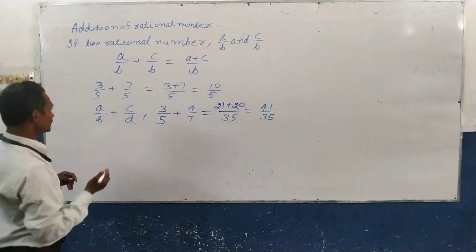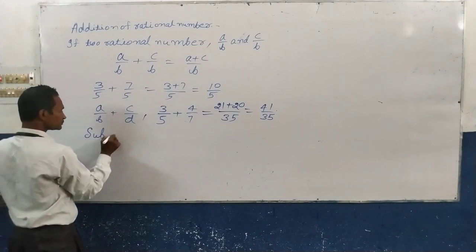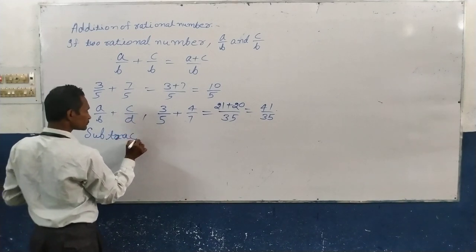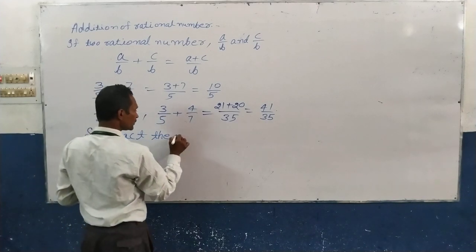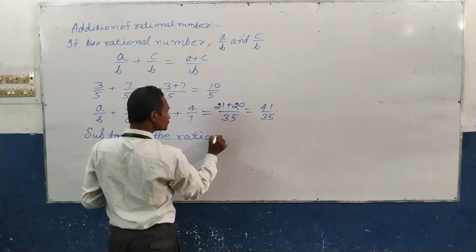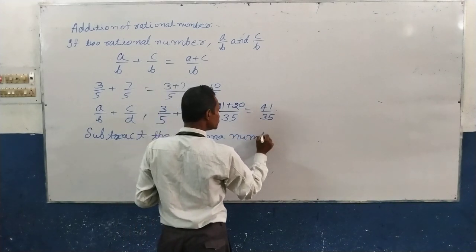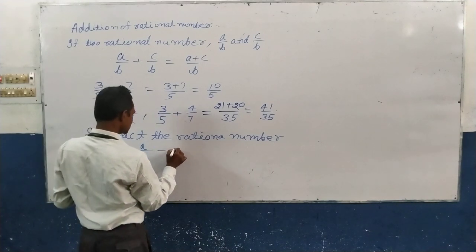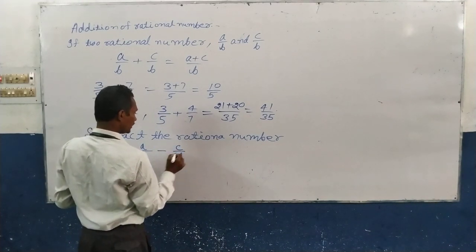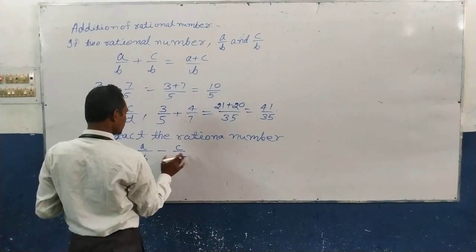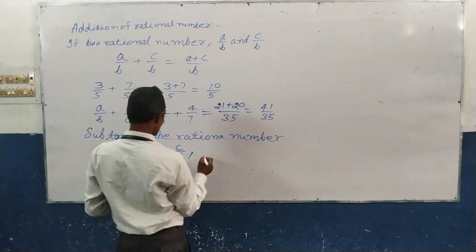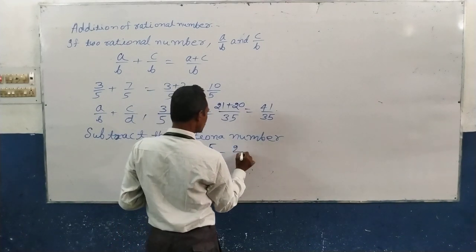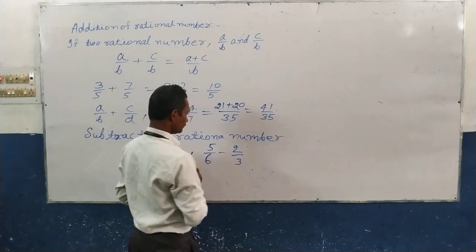Similarly, addition also subtraction. Subtract the rational numbers: A by B minus C by D, just like 5 by 6 minus 2 by 3.